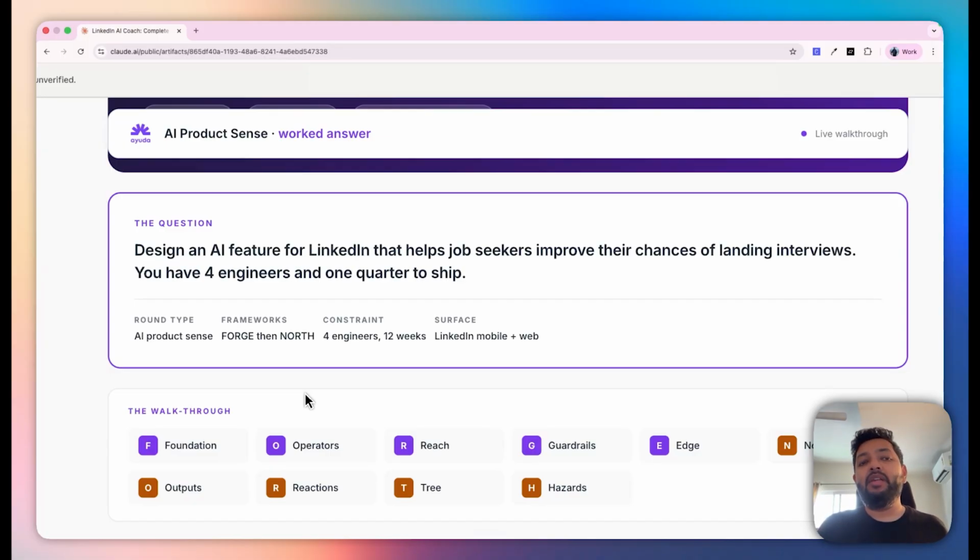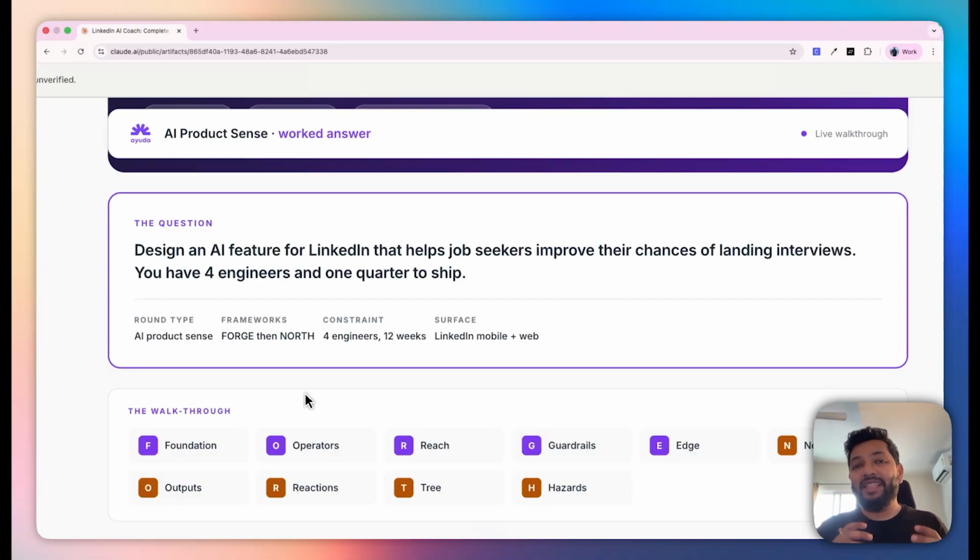This is very similar to how your product sense question is, right? If I gave you the question of how would you design something for LinkedIn that improves their chances of landing interviews, you would probably use your CIRCLES, the prism we discussed yesterday, use that kind of a framework to come to a conclusion that, yeah, this is how we're going to design it.